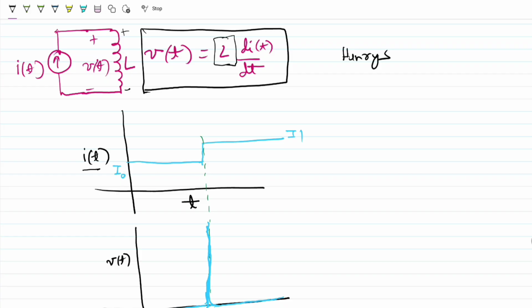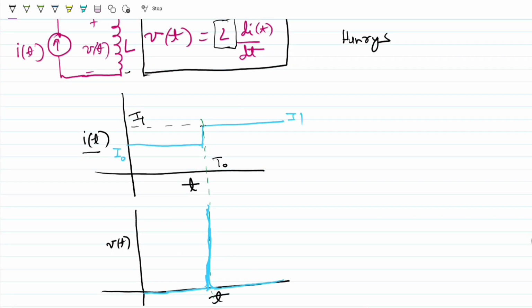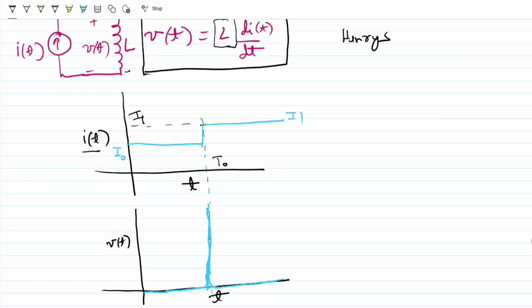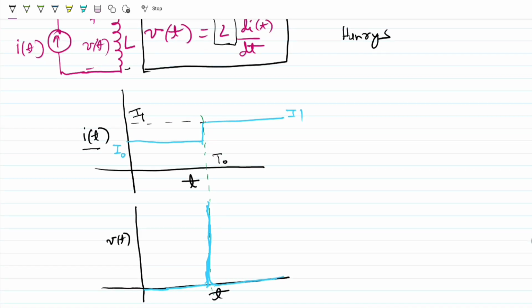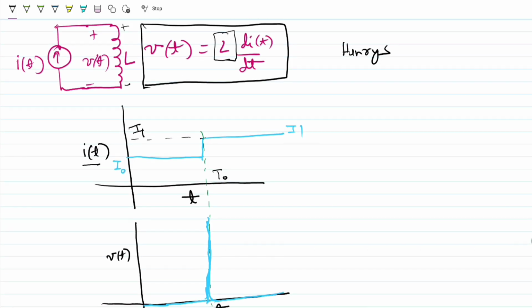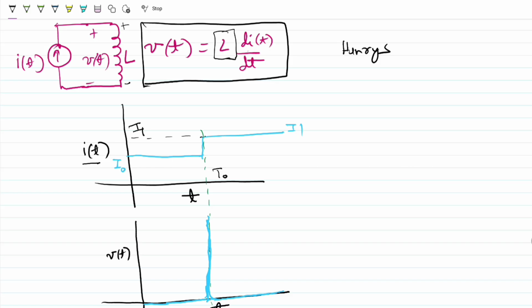It remains constant at I naught for a period till t naught, and then makes a sharp jump, and the current becomes equal to I1 at t equal to t0. We now know how the inductor will behave if such a current is pushed through it. The voltage across an inductor is proportional to the rate of change of this current.